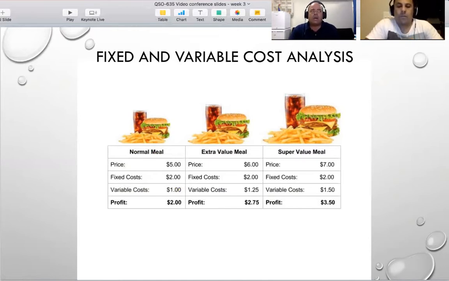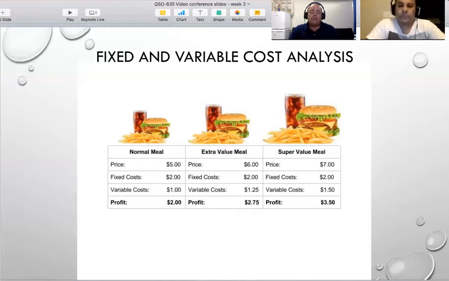Variable costs are the costs associated with each item. Basically, it's the hamburger, the fries, the raw goods it takes to make your thing. Those variable costs are related to the product itself.